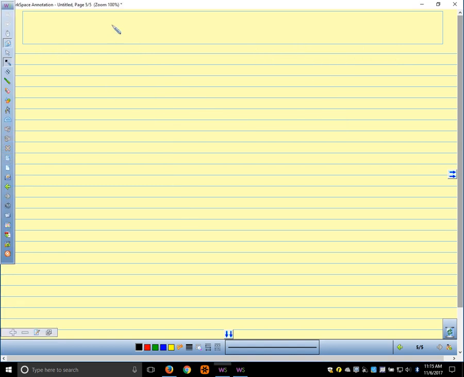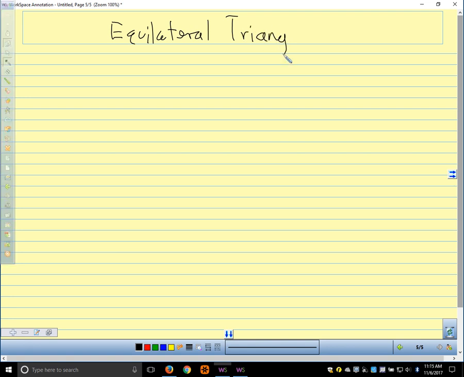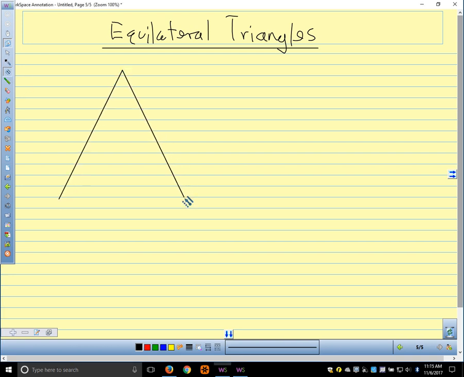All right, let's talk about equilateral triangles. And I think we can figure out what we're going to say for our theorem without writing it all out. So there's an equilateral triangle.